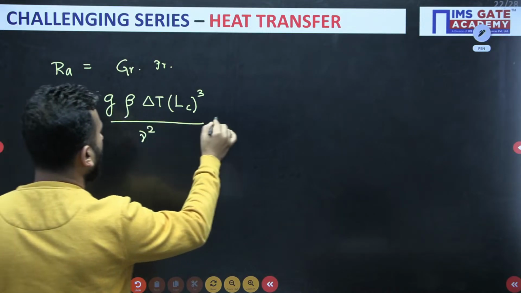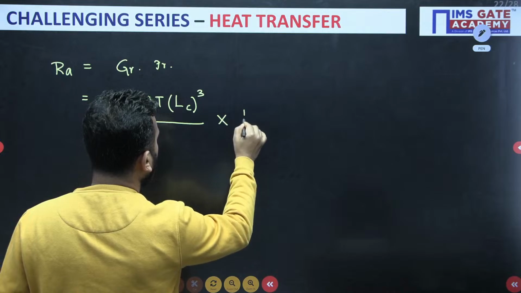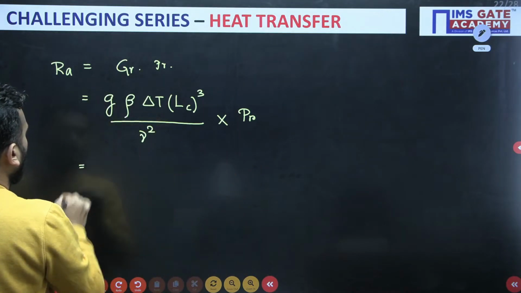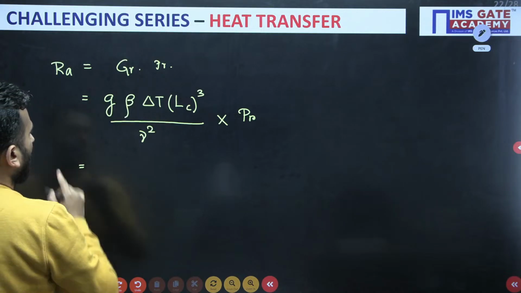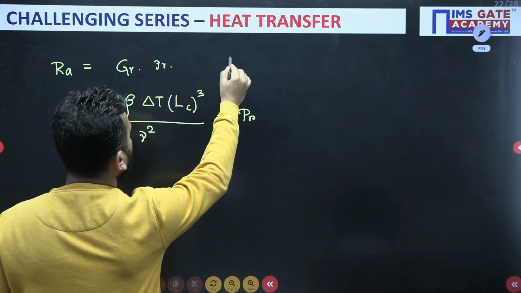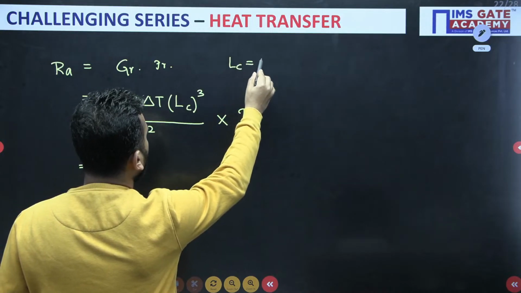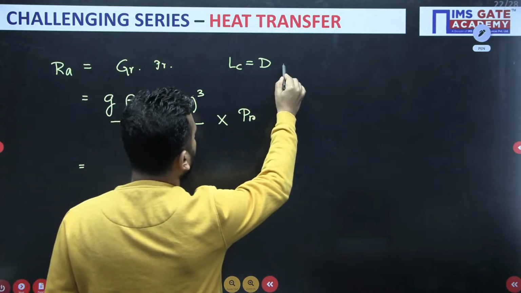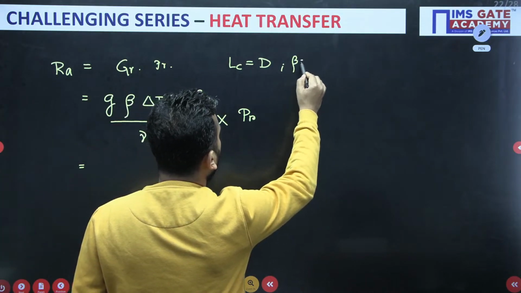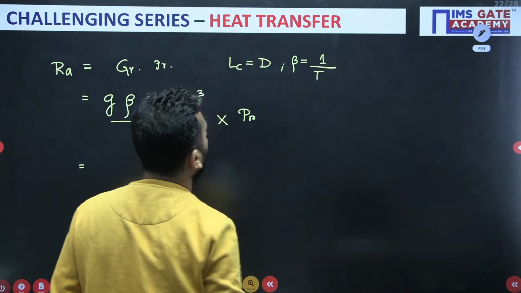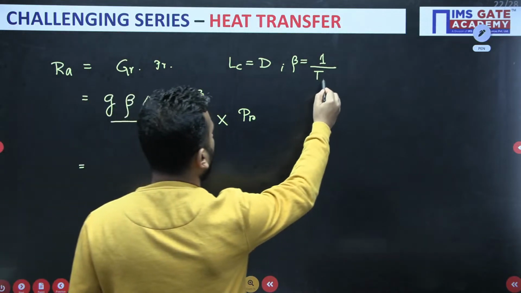This is Grashof's into Prandtl number. Now I'll put the values. Delta T, you know, LC cube is D, and what is beta? Beta is 1 by T mean, but it should be in Kelvin.